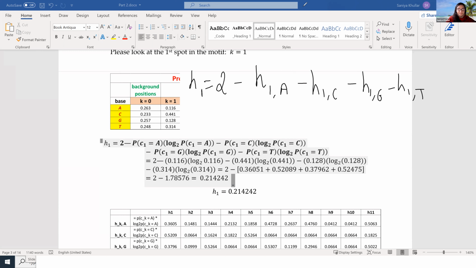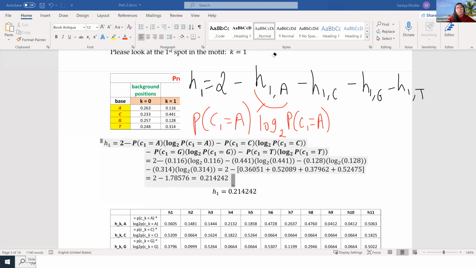Now, what is this again? This is just the same thing as what this part is here. This is just saying the probability that C1 equals A times log 2 P of C1 equals A. That's how you get this one.